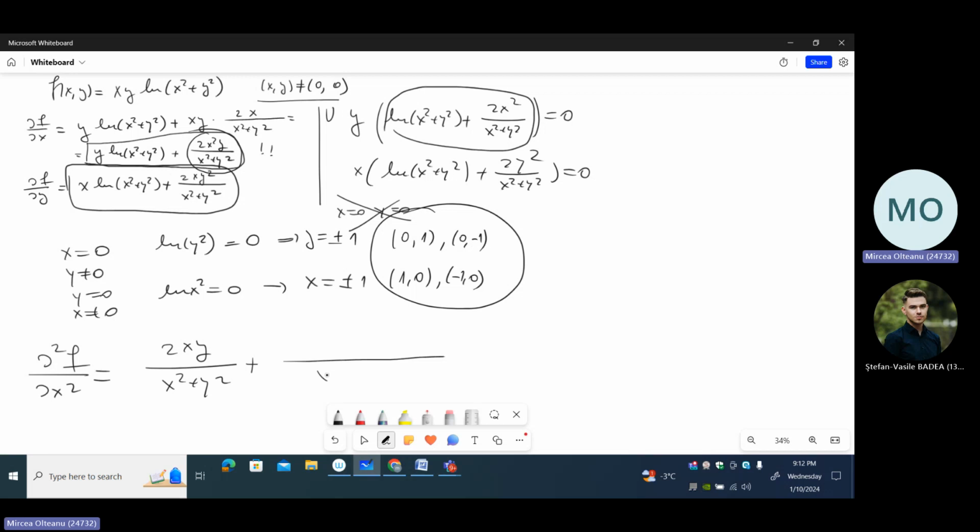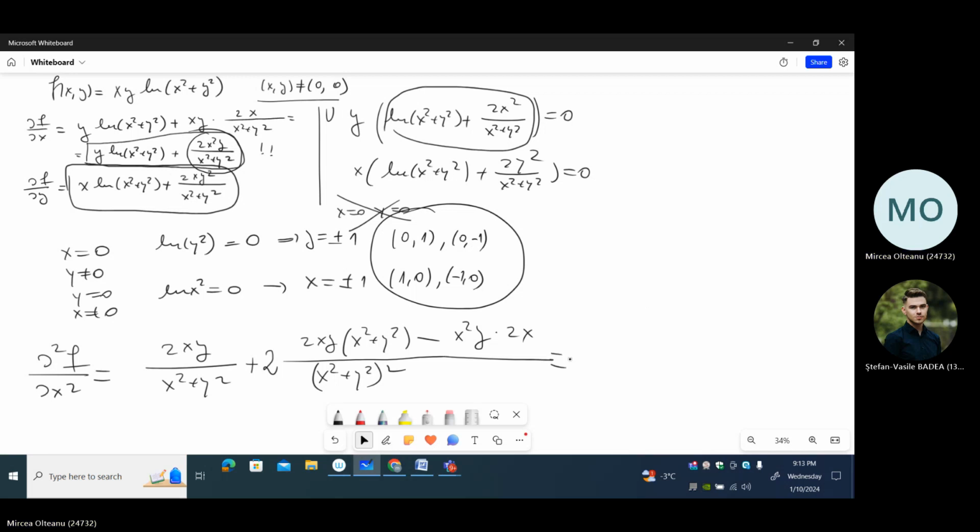So it gives us x squared plus y squared squared, and above we have, okay, 2, it's a constant, we put it in front, and then here we need to differentiate with respect to x. It will give us 2xy times x squared plus y squared minus x squared y times 2x.